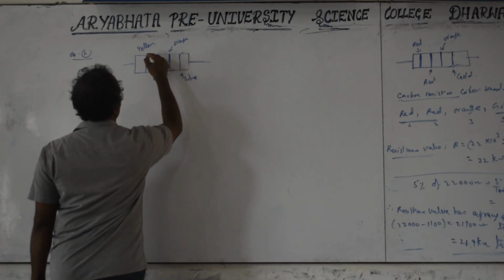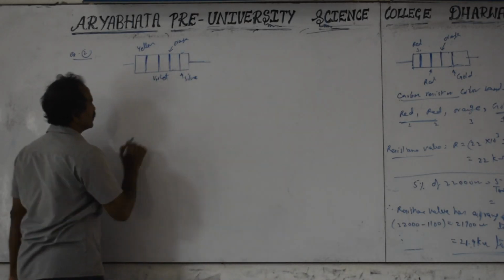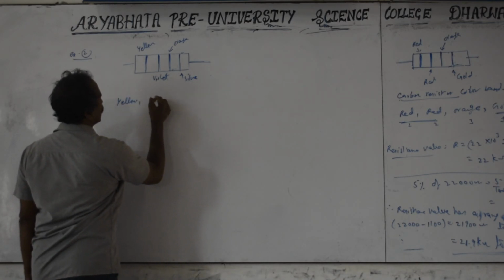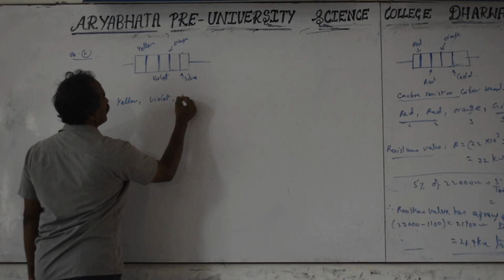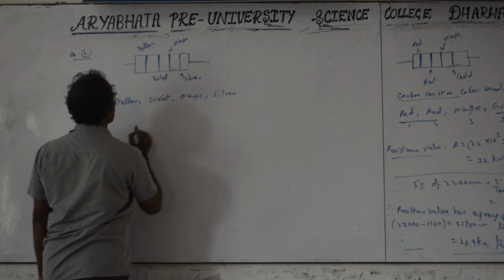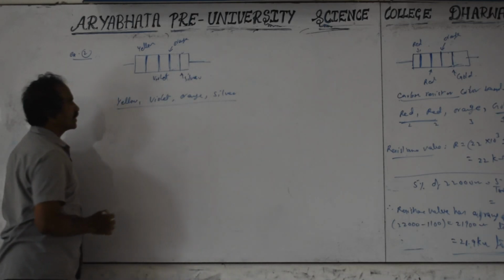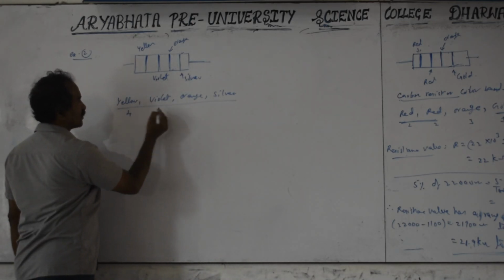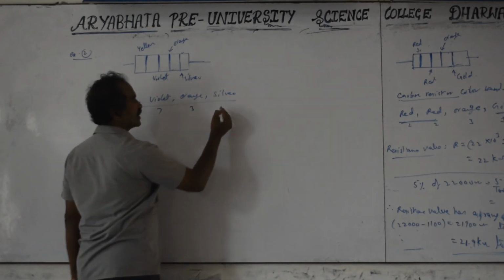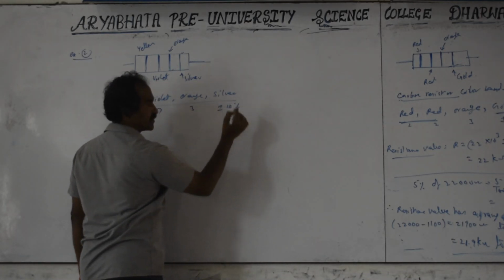If you are given color coding guidelines, what is the value of it? The color codings are yellow, violet, orange and silver. Yellow value is 4, violet is 7, orange is 3, silver is plus or minus 10%.